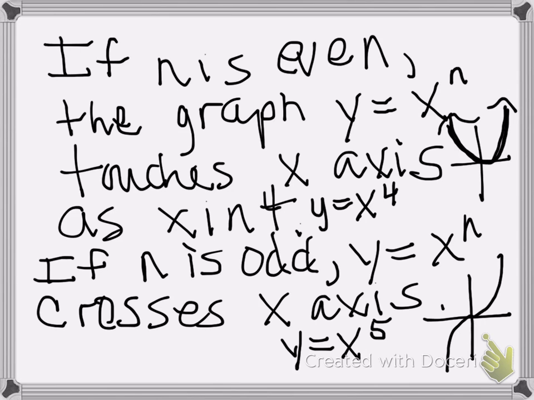All right, so those are some key things that you need to remember that will help you later on when you get ready to graph something. You're going to check that highest power, and that's going to tell you whether you touch or whether you cross. Now then, the other thing that you need to know is what we call the leading coefficient test.